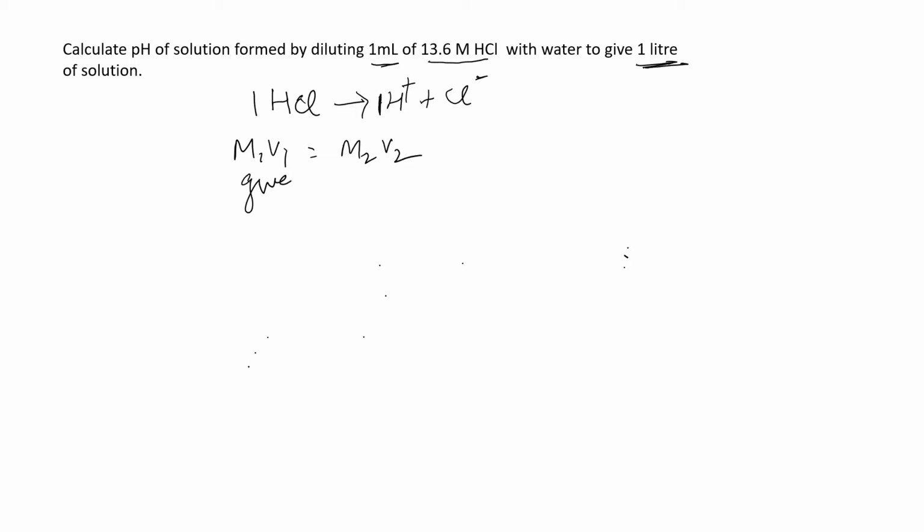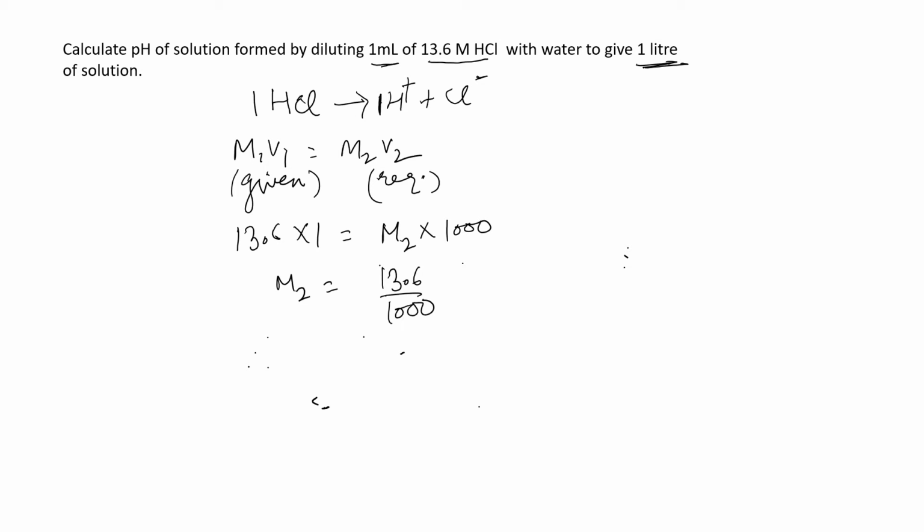Let us say this is the given solution's molarity and volume, and this is the required solution. Given solution has a molarity of 13.6, volume is 1 milliliter. Final molarity of solution we have to find out, and the molarity changes to 13.6 divided by 1000, that is it comes out to be 1.36 into 10 raised to minus 2 molar. So this is the molarity of hydrochloric acid.